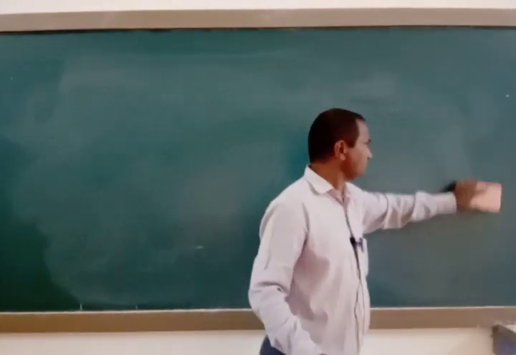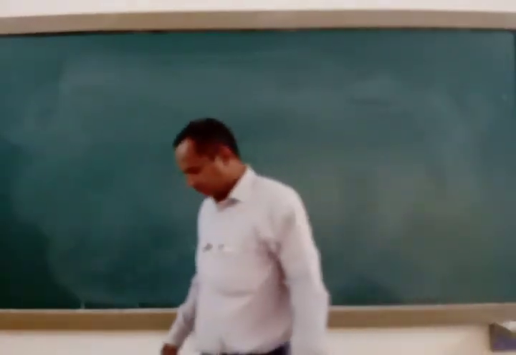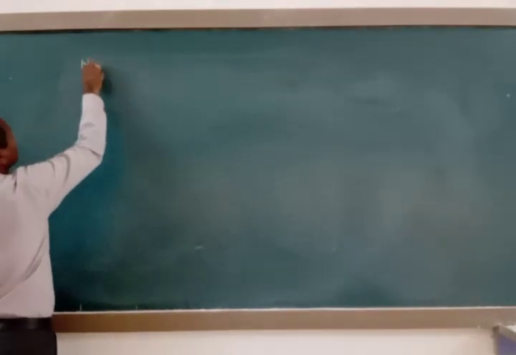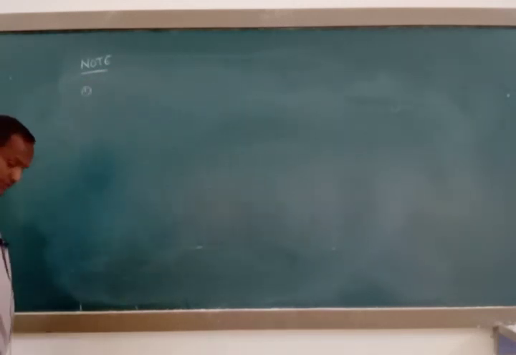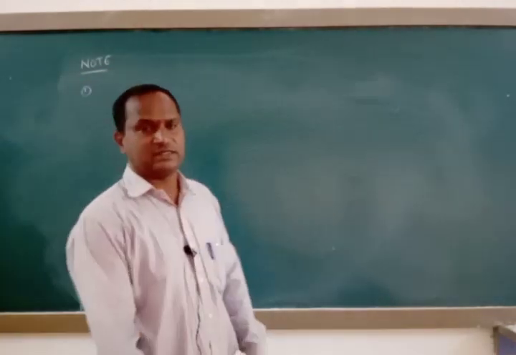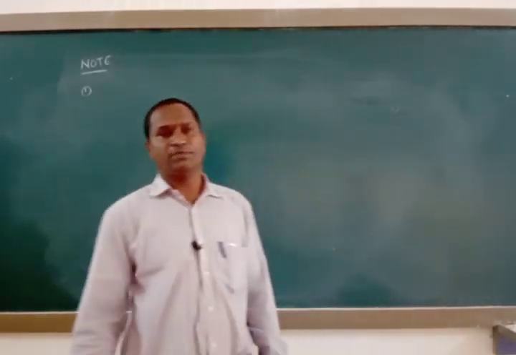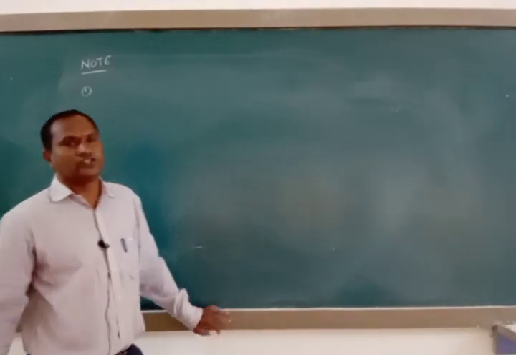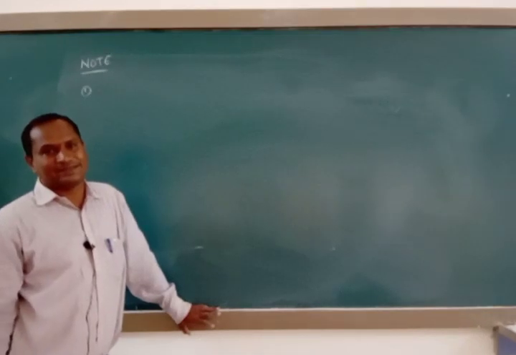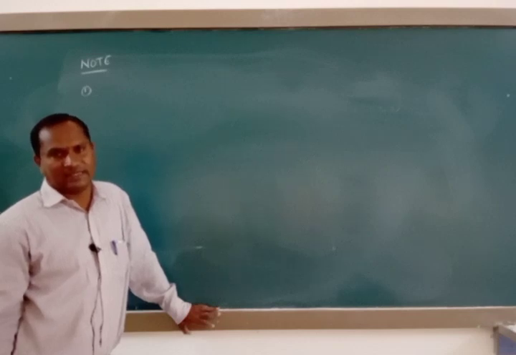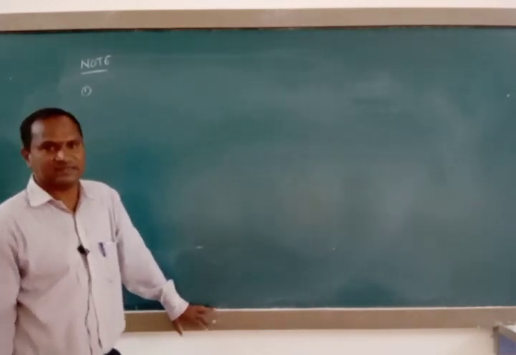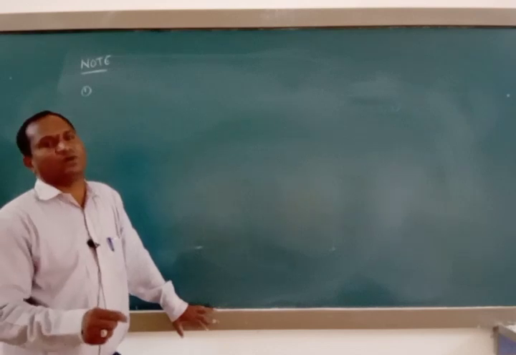In the case of 3-dimensional geometry, all the distances are measured from the origin only, to the x-axis, y-axis and z-axis, or to lines parallel to any axis. All the distances are measured from the origin only.